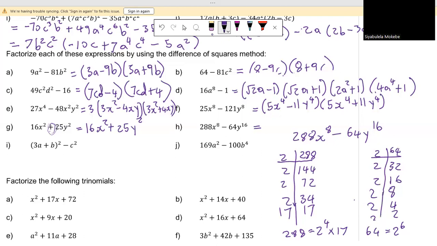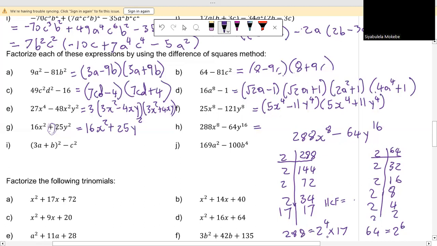Yeah. So what is the HCF here? We take the one that has the smallest exponent.